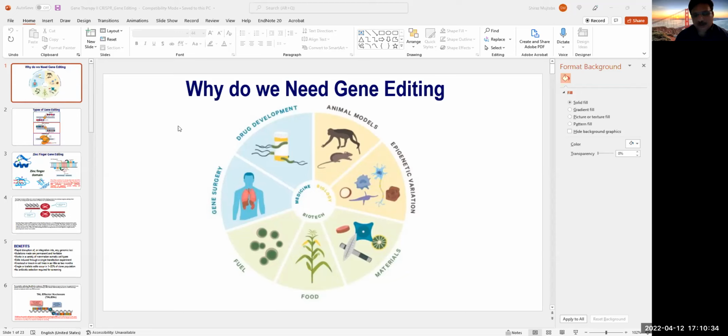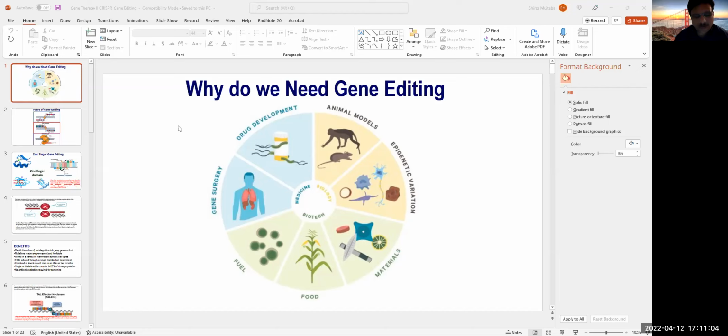What scientists are looking for is to make a permanent change, to change the DNA sequence itself using some tool. I mentioned we can use lentivirus, adenovirus, liposomes, and provide the right DNA to overcome the faulty DNA. But we are looking for a more definite solution that can be very, very targeted.